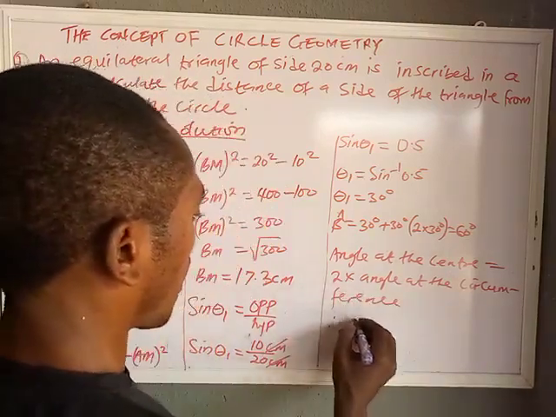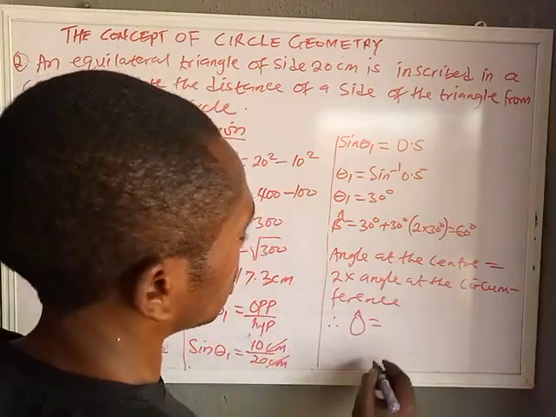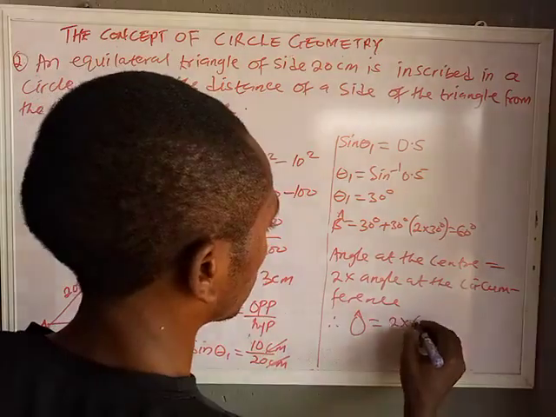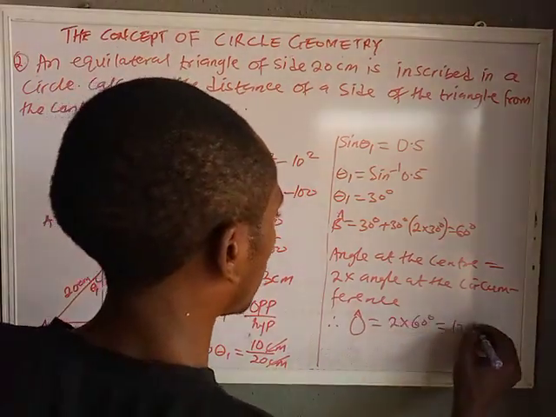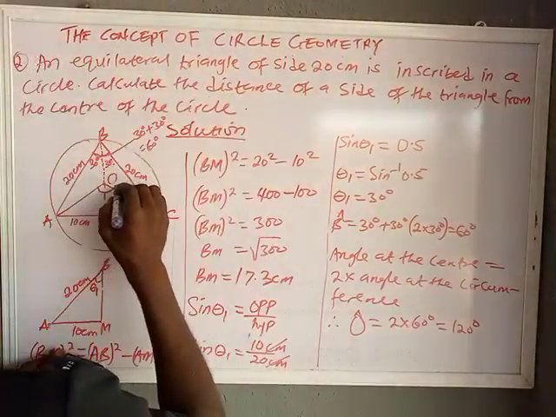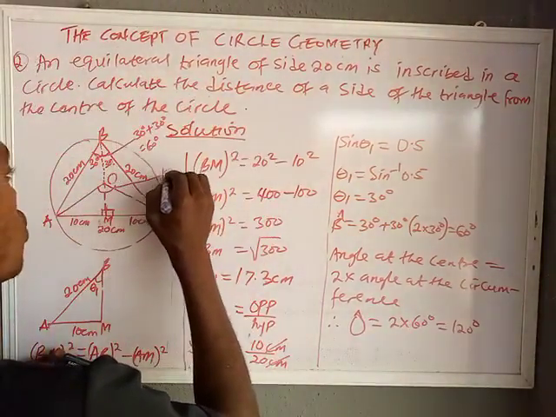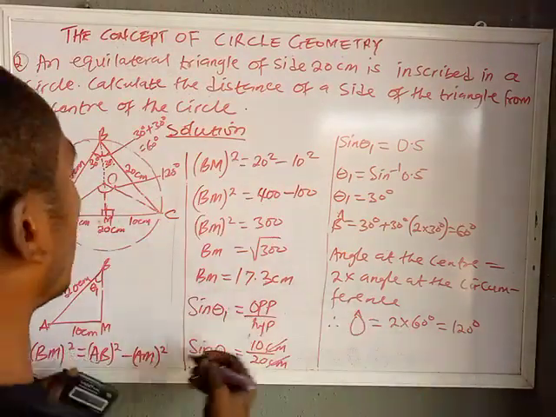So therefore angle O is going to be 2 times 60 degrees, which is 120 degrees. So the whole of this is 120 degrees. So angle O is 120 degrees.